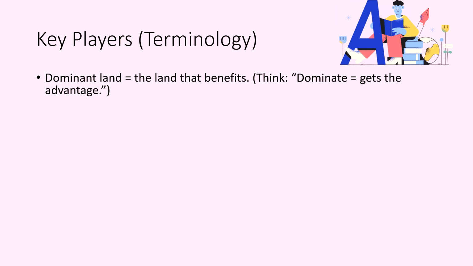It's just a bit of an outdated word, really. Obviously, this also means dominant owner. This is clearly the person who owns the dominant land and who gets all the benefits.